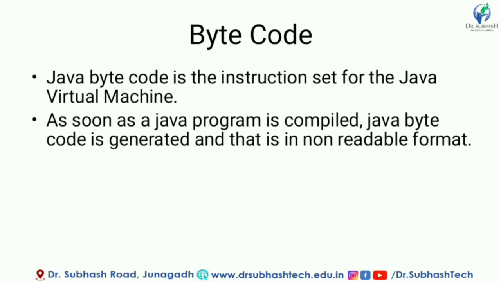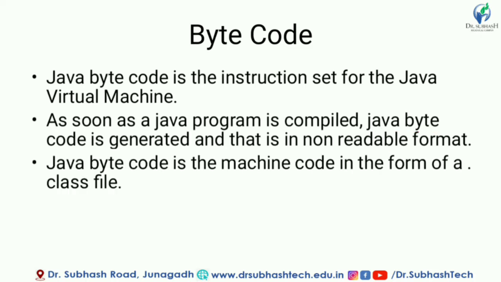In this we saw the file was converted from .java to .class, and this was the bytecode. This file contains content in non-readable format, so this is known as the bytecode.